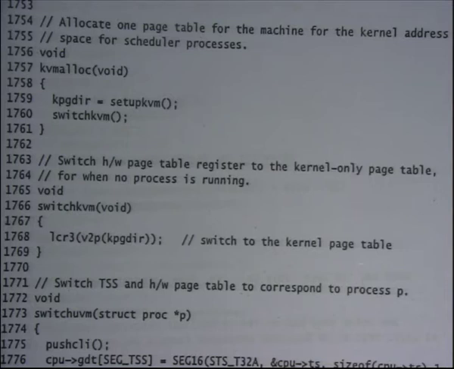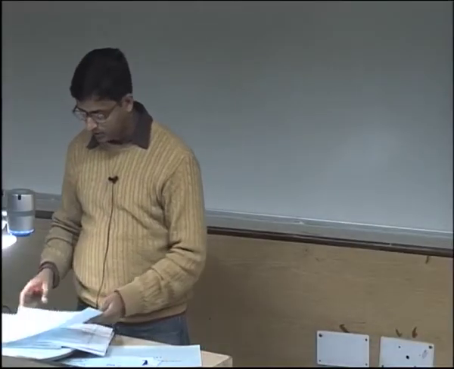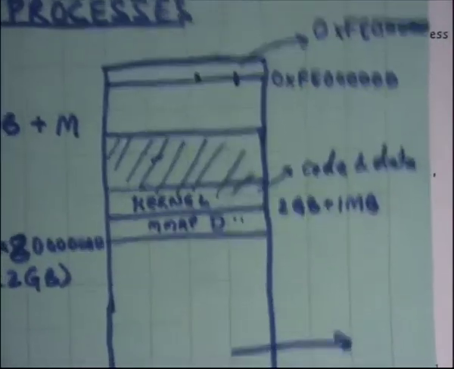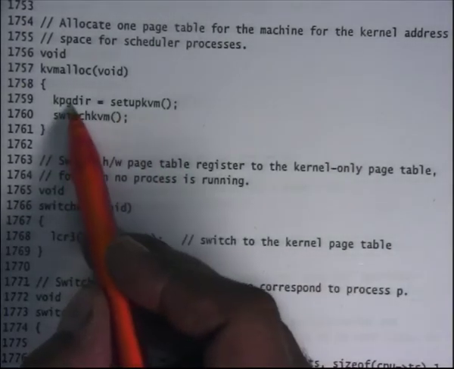So basically at the highest level kvmalloc is going to initialize a new page table which is going to have this kind of mapping, right, and it's going to switch to it, and it's going to forget about the old page table, and that's it, right.